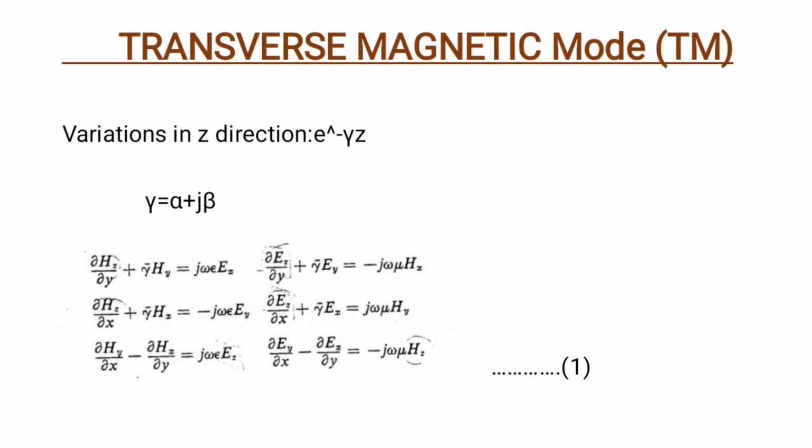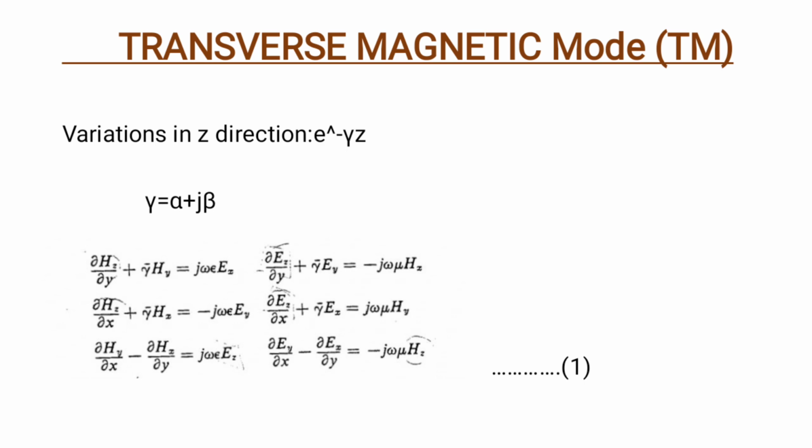For rectangular guides, Maxwell's equations and wave equations are expressed in rectangular coordinates. Assume the variations in the z direction expressed as e raised to minus gamma z, where gamma is equal to alpha plus j beta.